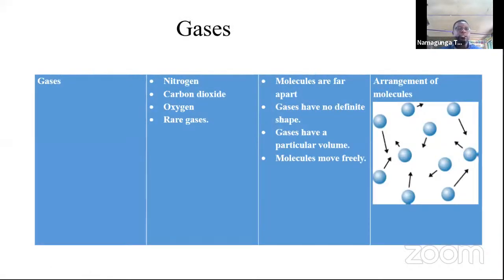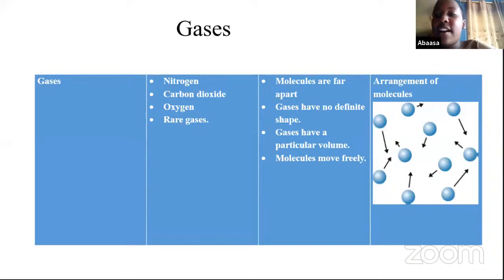So when we look at gases, we are looking at some of the substances which exist in gas. One, we have nitrogen, we have carbon dioxide, oxygen, and rare gas. Now, can I request Abasa, please unmute and read for us the first characteristic of gases.